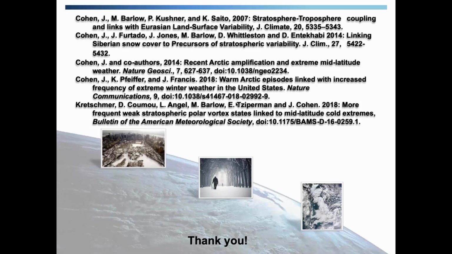That's the first thing before anything shows up in the models. If I see that kind of pattern setting up with Ural-Scandinavian blocking, and then especially if it's coupled with lower heights over the North Pacific, that is the most favorable pattern for starting to disrupt the polar vortex.